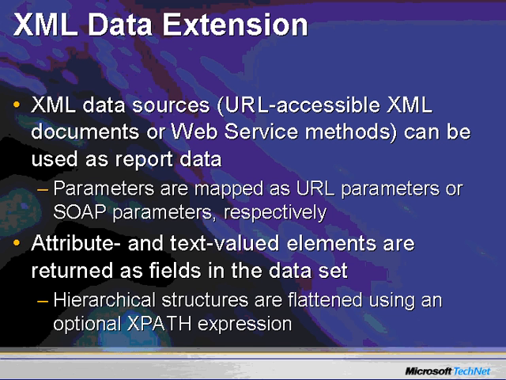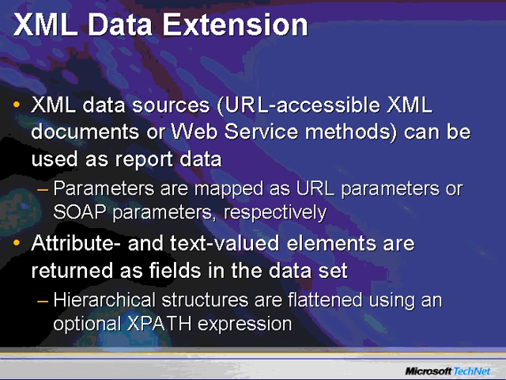Now if you've got parameters for the URL or parameters for the web service method, those are just available as query parameters and they're mapped in for you. And then all of the attributes and the text value elements are returned in the data set. So whatever comes out of the method is returned as fields in the data set. Now, since XML data can be hierarchical, there is a default flattening algorithm that's used.